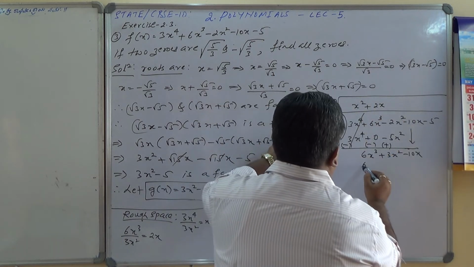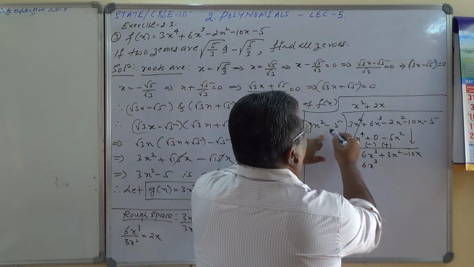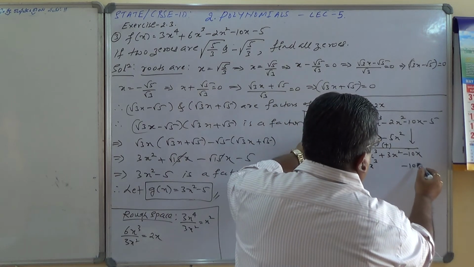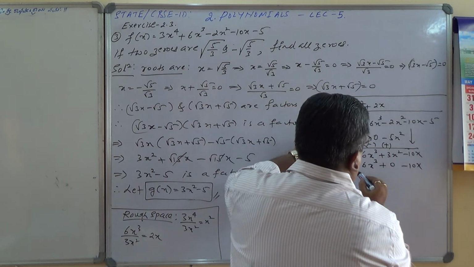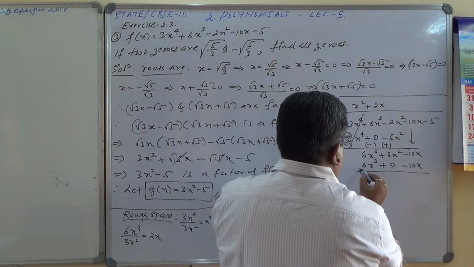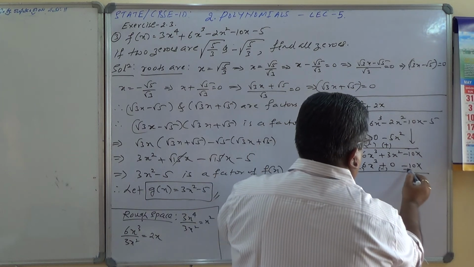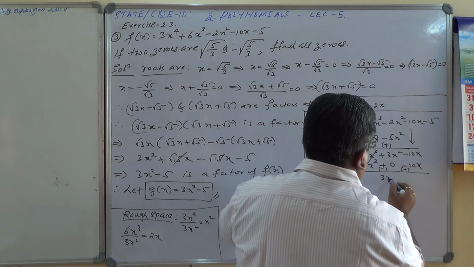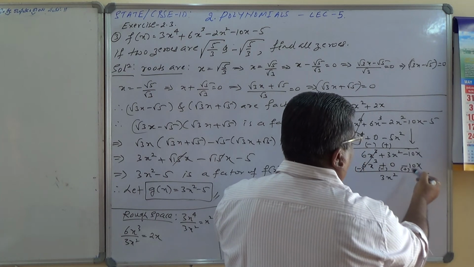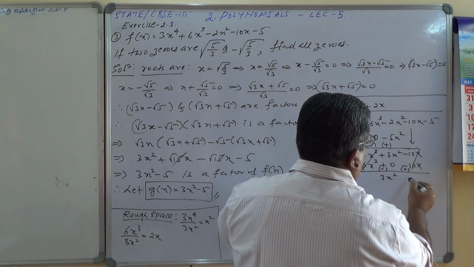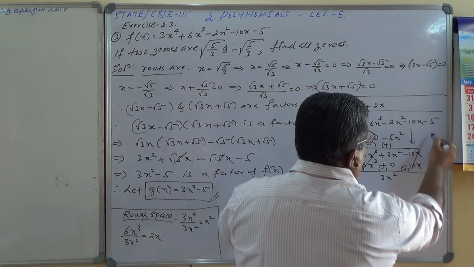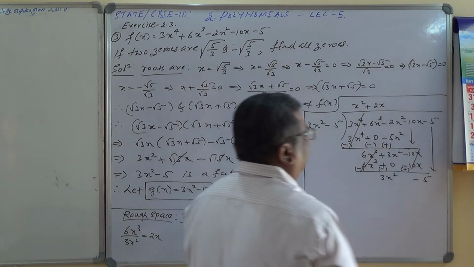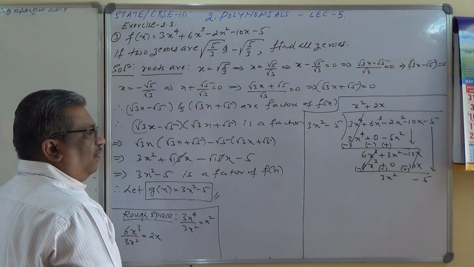This will be 6x cube minus 5 into 2, 10x, minus 10x plus 0 I will introduce. So change the sign, minus here, plus here. So this will cancel. This is 3x square, minus 10x plus 10x will cancel. This will be 0 here, and let me pull down here. This is minus 5. Is it not? Minus 5, I am pulling it down.